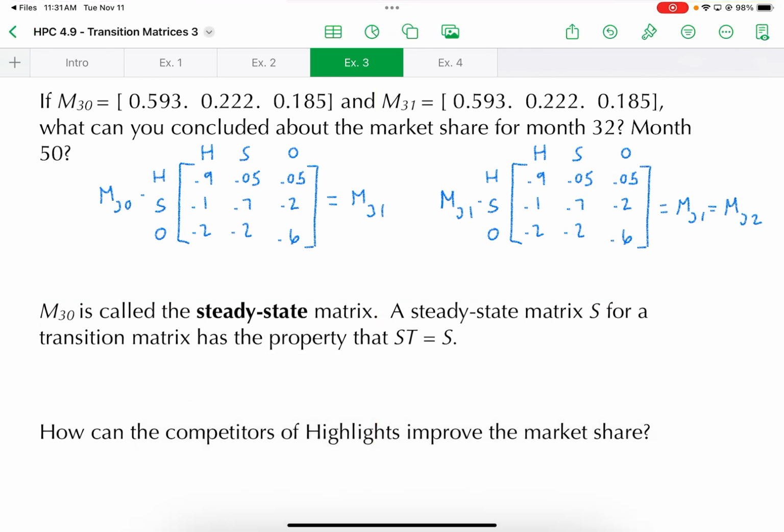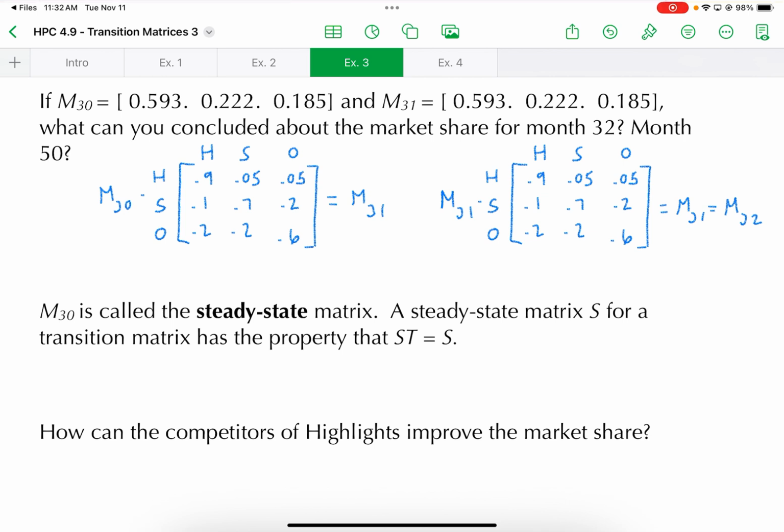Okay? And a steady state matrix S for a transition matrix has the property that when you take that steady state matrix S and you multiply it by the transition matrix, you get itself. So the values are remaining the same at that point.